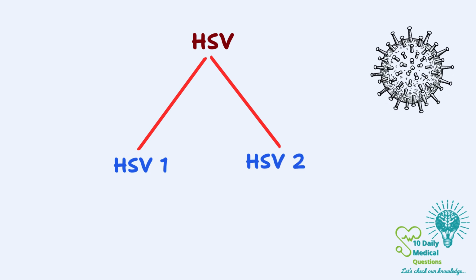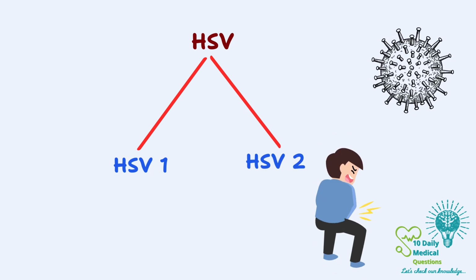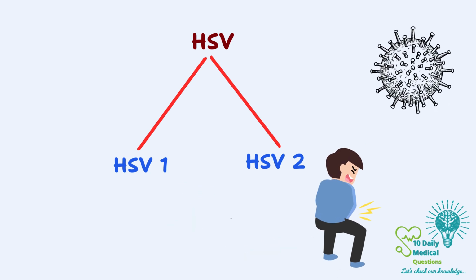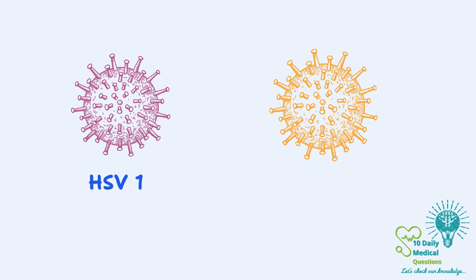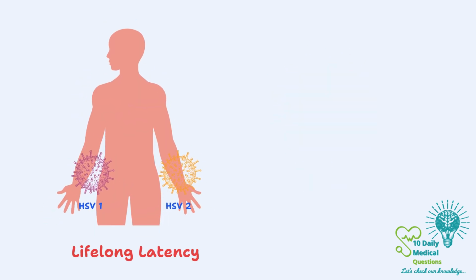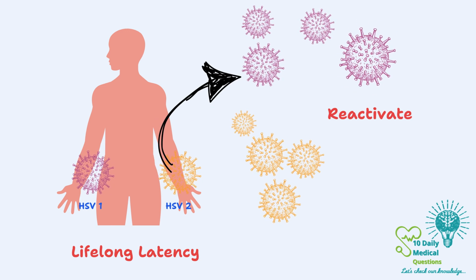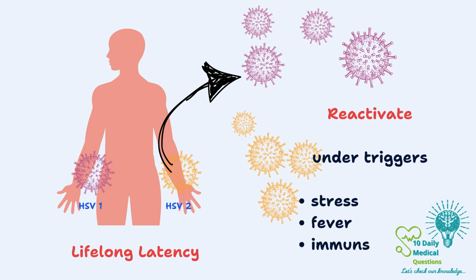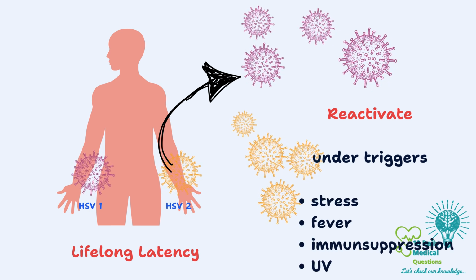HSV-2 primarily causes genital herpes, though oral infections can also occur. Both HSV-1 and HSV-2 establish lifelong latency in sensory ganglia and can reactivate under triggers like stress, fever, immune suppression, or UV light exposure.